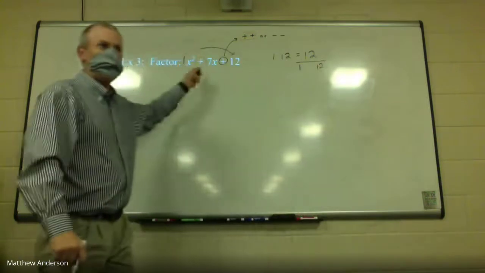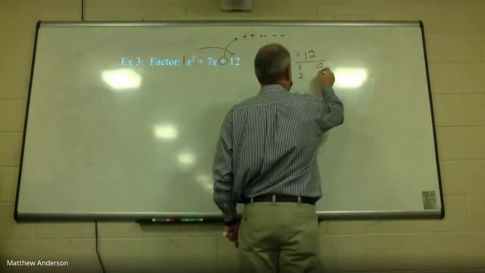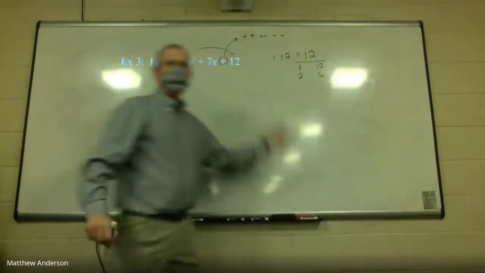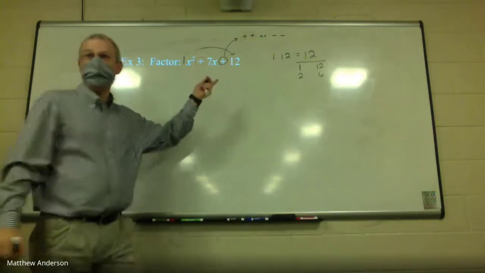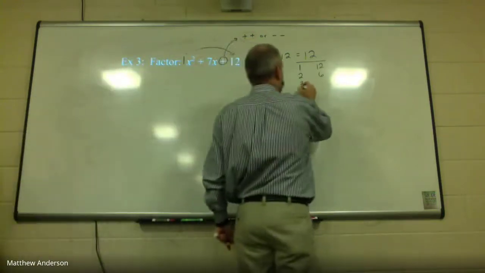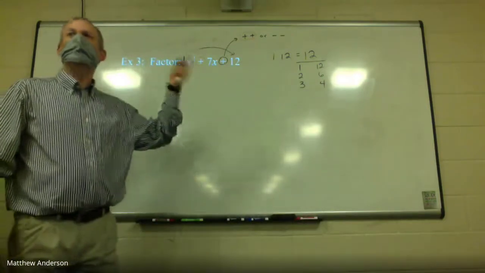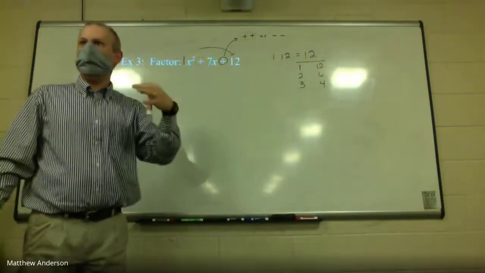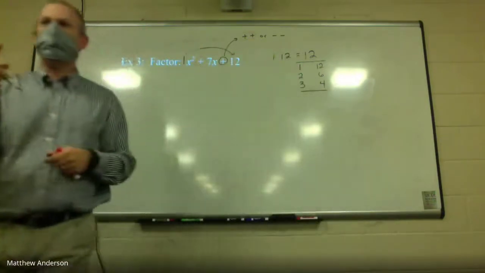But does it add up to be 7? No. We know that 2 divides into 12 6 times. Do those two add up to be 7? No, but we're much closer, right? We're at 8. 3 divides into 12 4 times. Does that add up to be 7? Yes. So that's what we do. We just start listing the factors until we find the ones that will multiply to be 12 and add up to be 7.